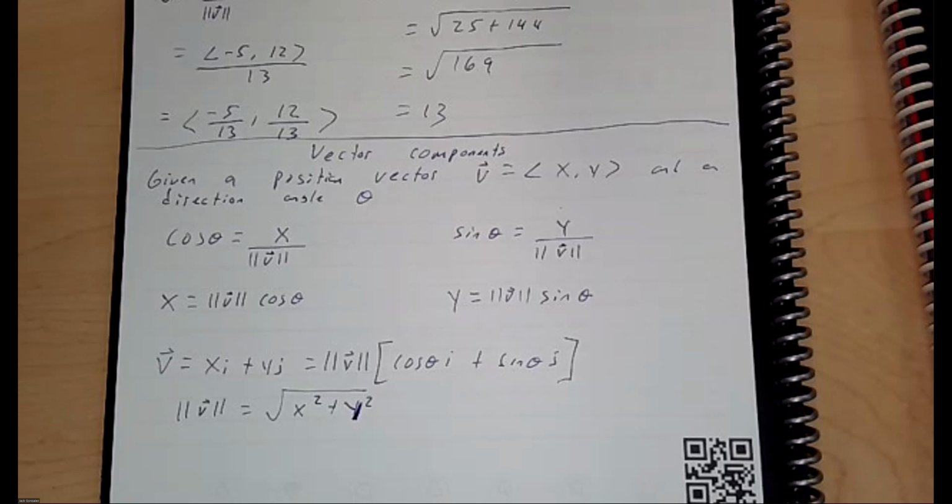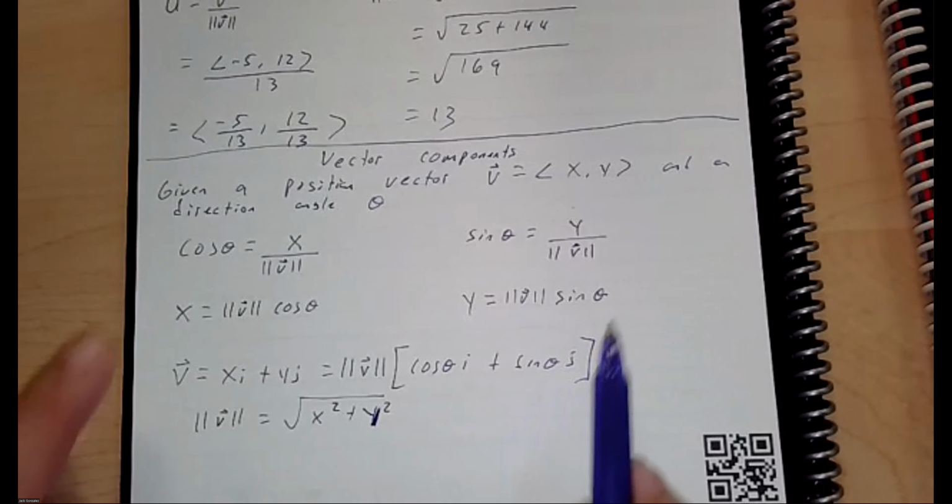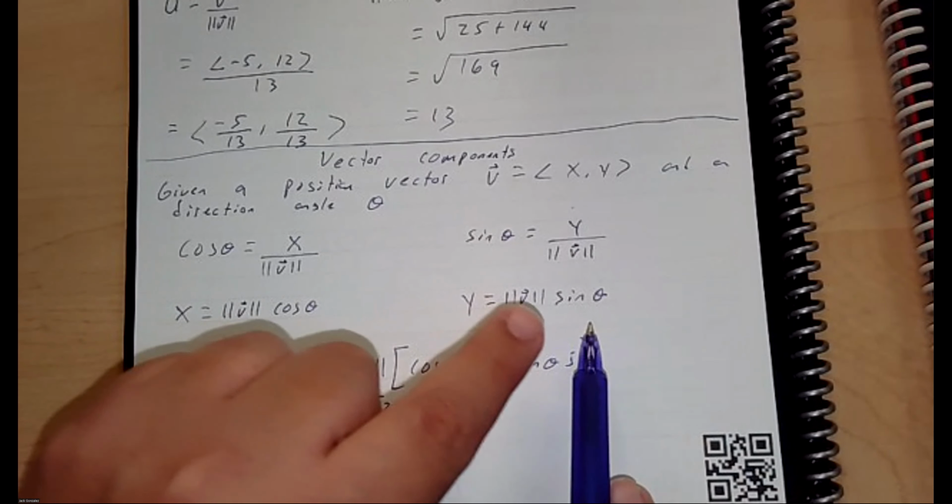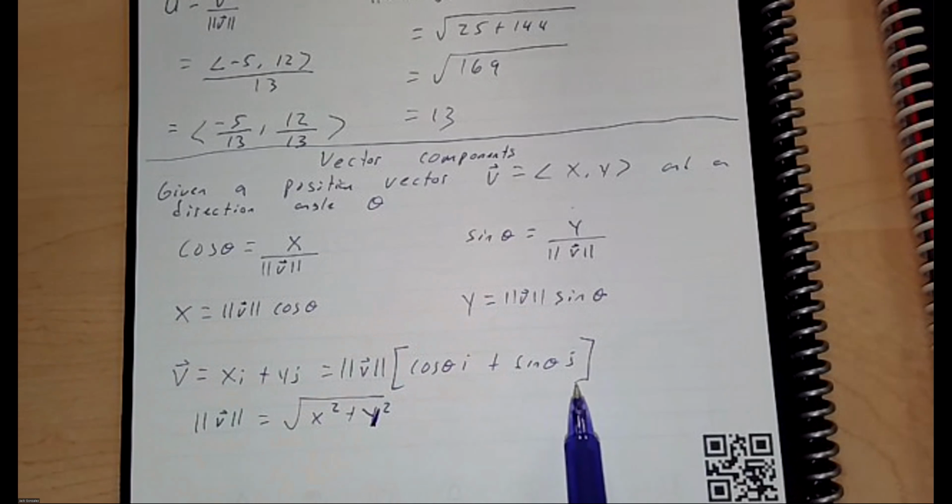Like if you're pushing an object straight down the road, you most likely don't care about the y component because it's a horizontal push. Or if something's falling straight down, there would be no x component, because it's just vertical. So you can always break them down and maybe just use this piece, depending on what you find.